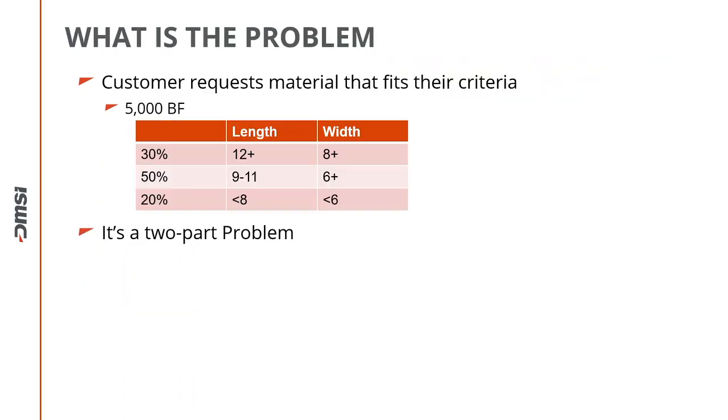So what is the problem? This is one of the simpler ones, where a customer would call in and request 5,000 board feet. Board feet is the measurement of volume in lumber.